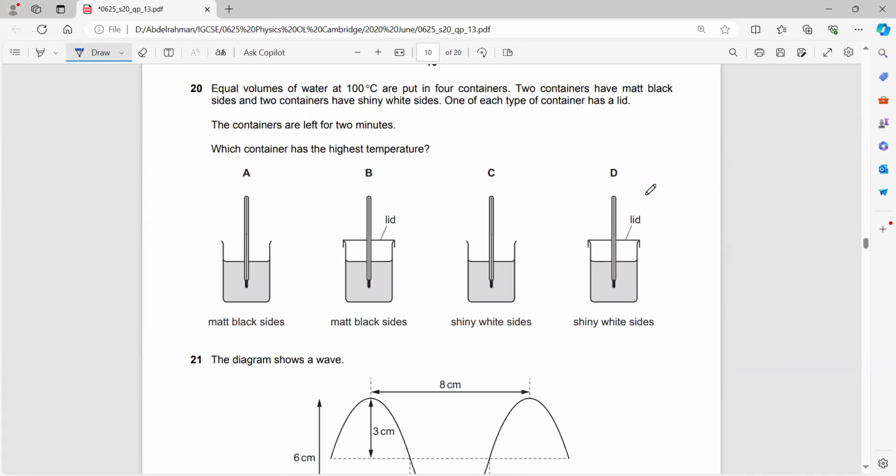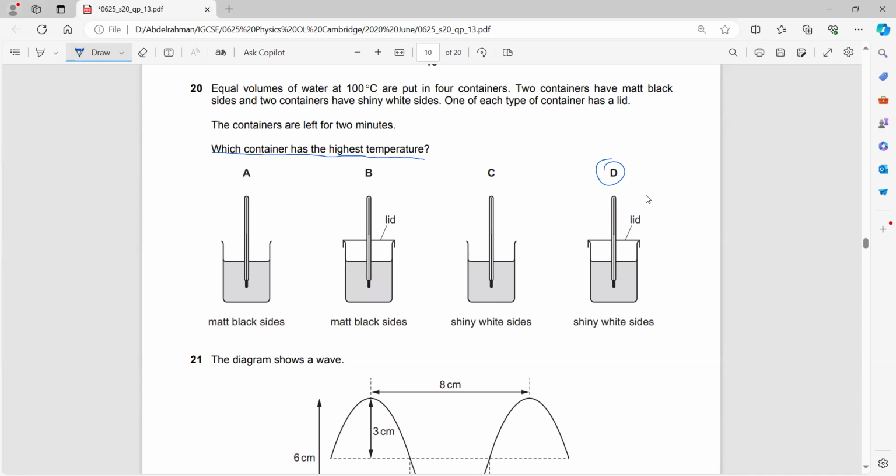We have some containers, and these containers are left for 2 minutes. After 2 minutes, which container would have the highest temperature? Yes, the shiny white sides. Why the shiny white sides?